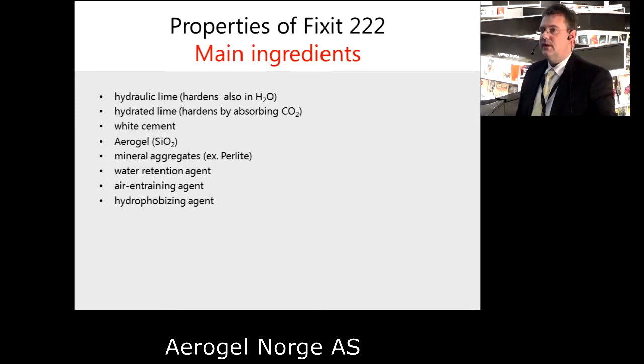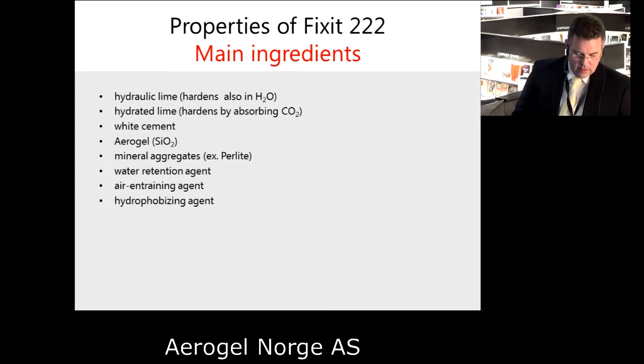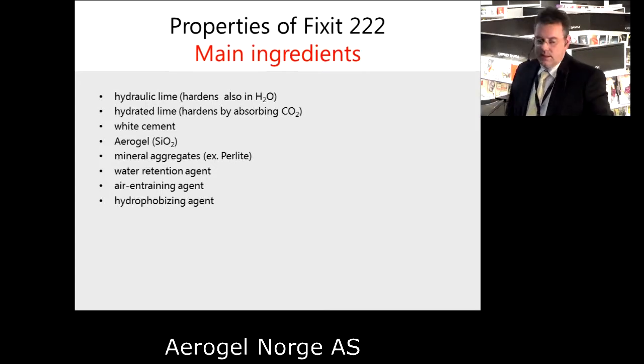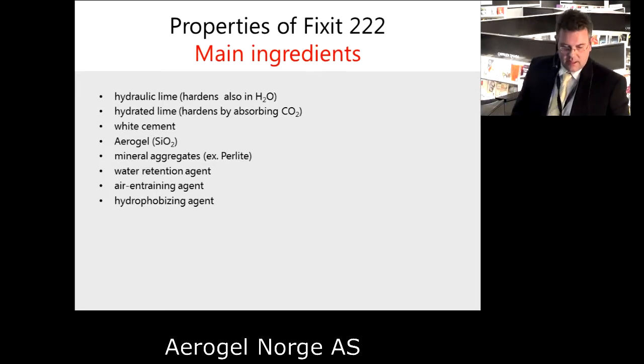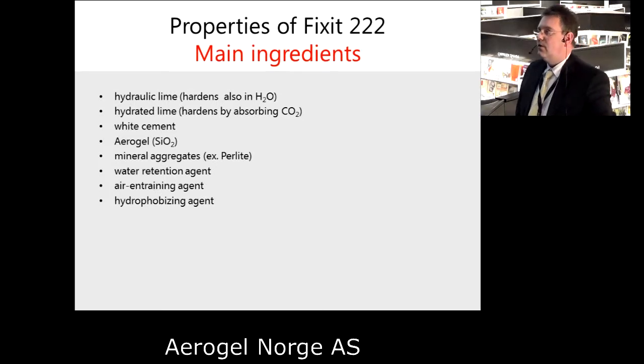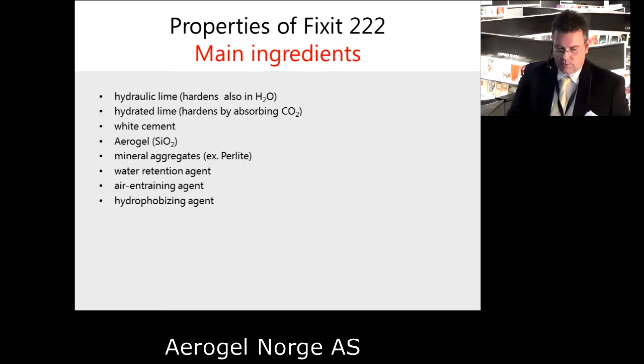This is amorphous silica, and it's well known since more than 80 years, and it's absolutely not dangerous. Then some other mineral aggregates like expanded perlite for the weight reduction of the product. And then the last three ones are typical additives to improve the workability of such a product.